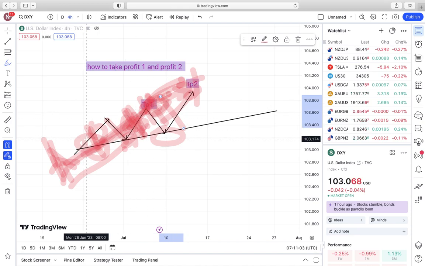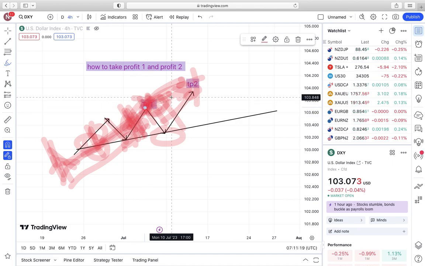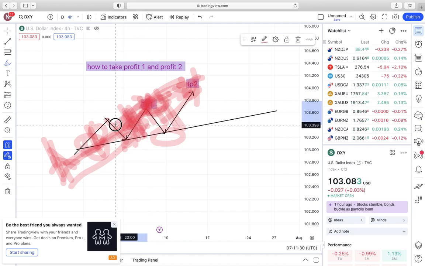what you are going to do is move your stop loss, which was 30 pips below TP1, to TP1. The stop loss is moving here to TP1, then TP2 will remain here, which means when the market reverses against you, you have secured all this TP1 profit.